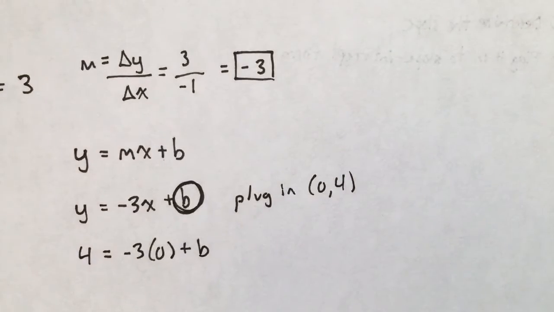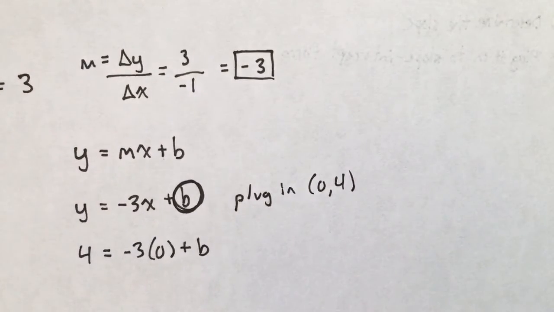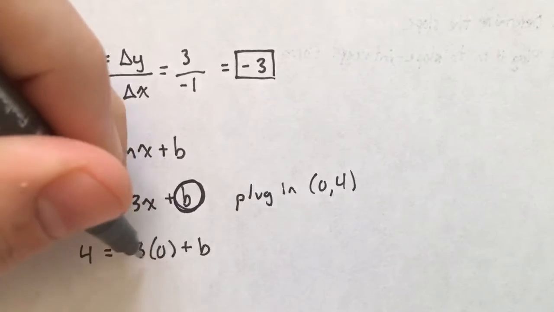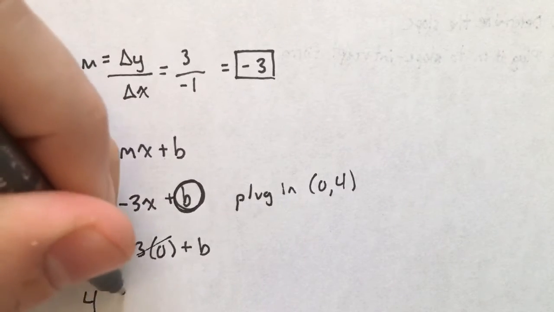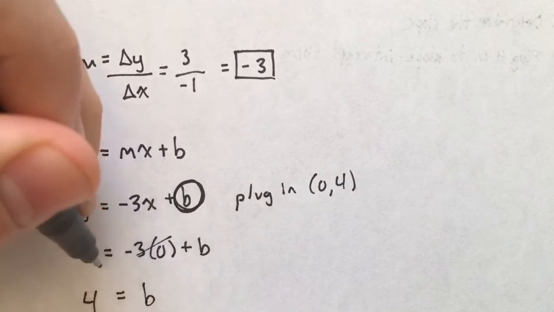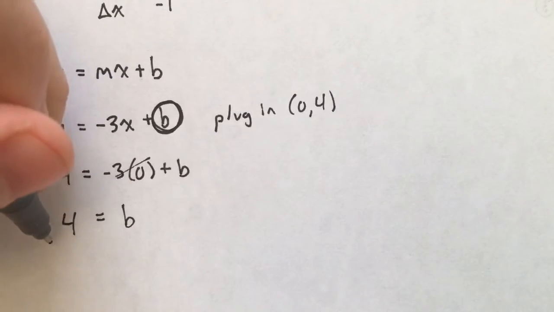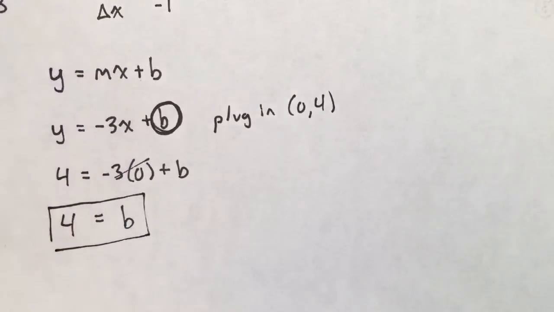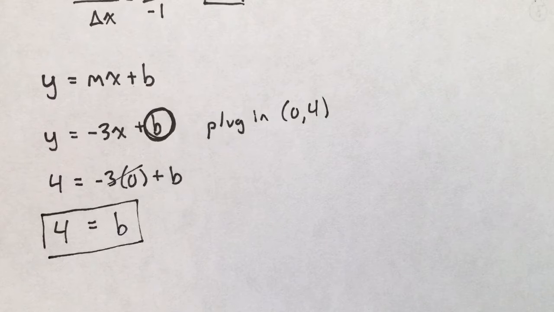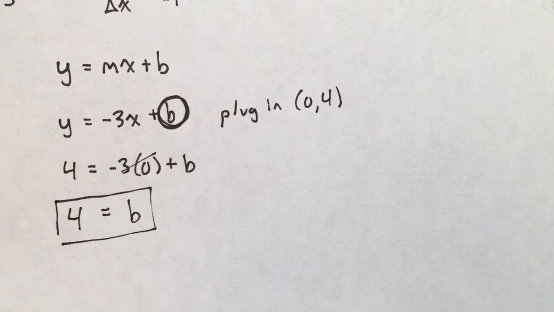Now we're going to treat this like an equation and solve for b. Negative 3 times 0 cancels out, so 4 equals b.